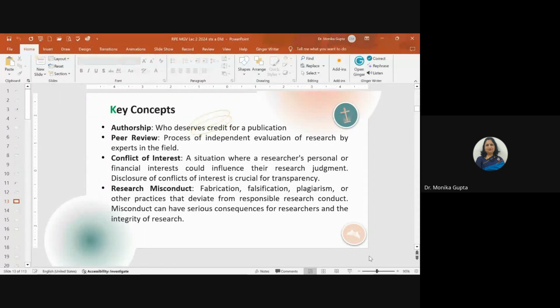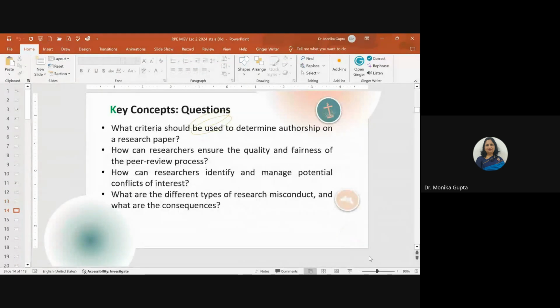This process helps identify strengths, weaknesses, and potential flaws in research before publication.